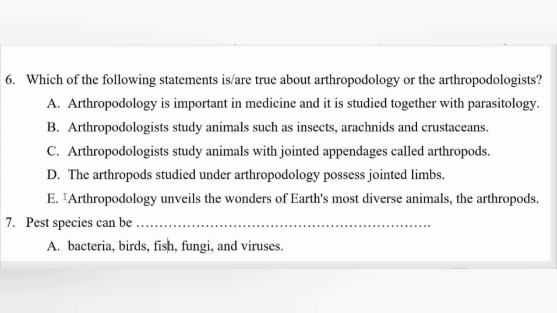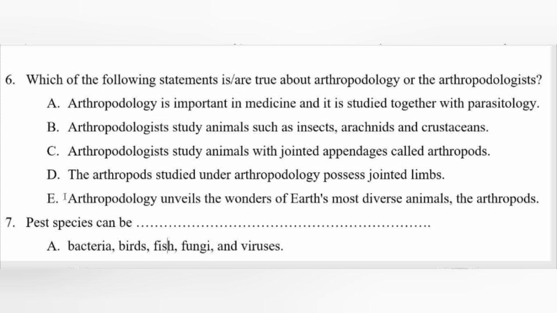I don't know if you've seen an insect, let's say an ant, before. You see that the body is such that the limbs are jointed. They have joints on their limbs. So they are animals with jointed appendages, and even the body part itself.